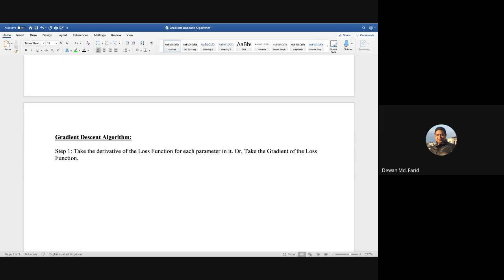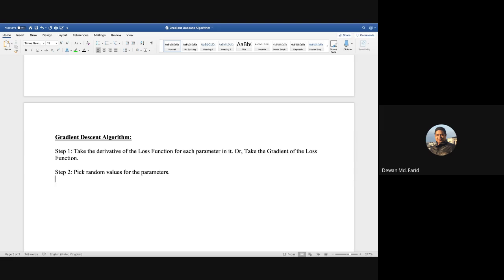Step 2, pick random values for the parameters or weights, whatever you say. Right?